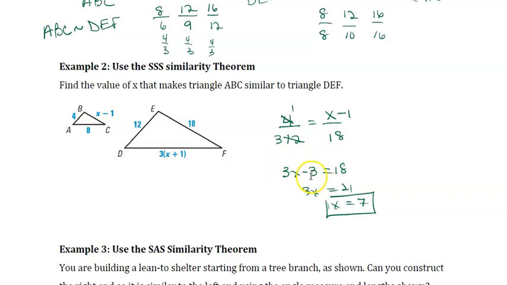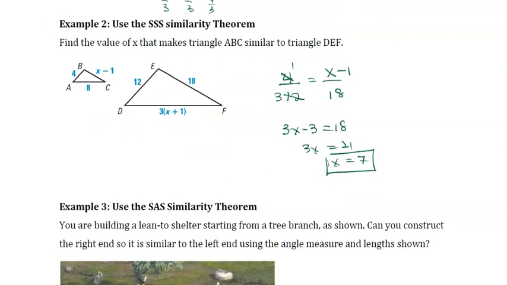Now your job is to isolate the x: add 3, add 3. I'm getting 3x is 21, divide by 3, and I'm getting x is 7. Had you done 8 over 3x plus 1, you would have gotten the same answer, x equals 7. You can test that for yourself.